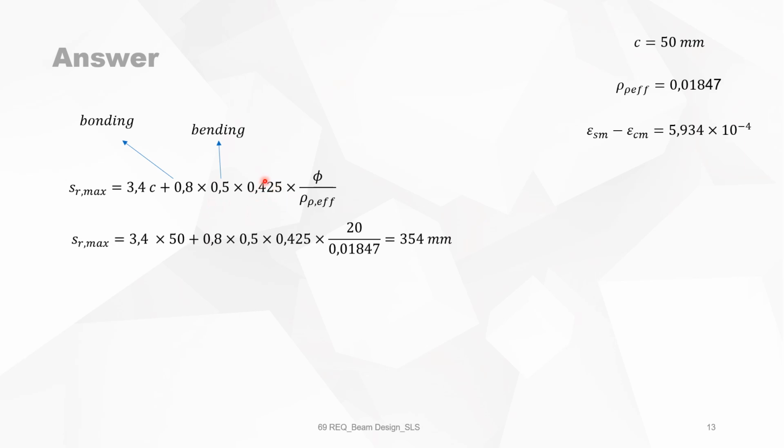This is a calibration factor times the diameter of the tensile reinforcement divided by the ratio of reinforcement. So then you get the maximum distance between different cracks, which gives you 354 millimeters. And the characteristic value of the crack width is then the multiplication of those two. And it gives you 0.21 millimeter.